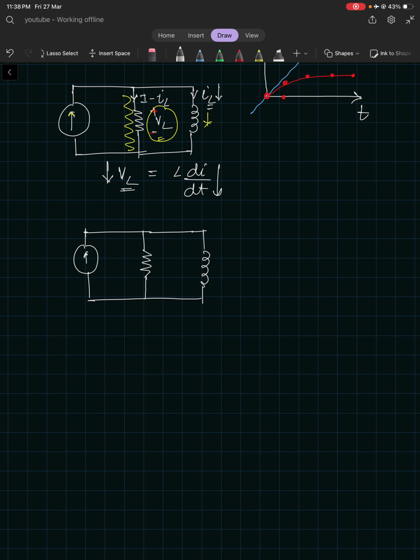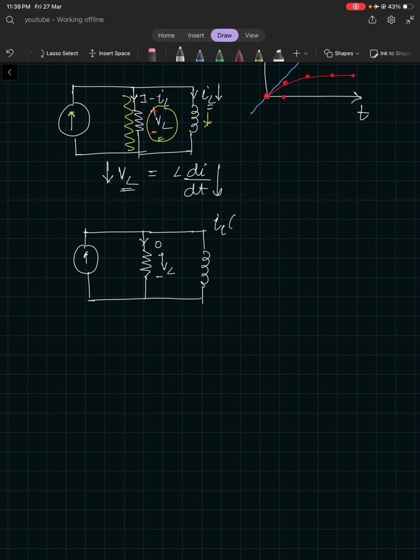See, now if no current is flowing through the resistor, VL is like 0, and it means all the current is flowing through the inductor.